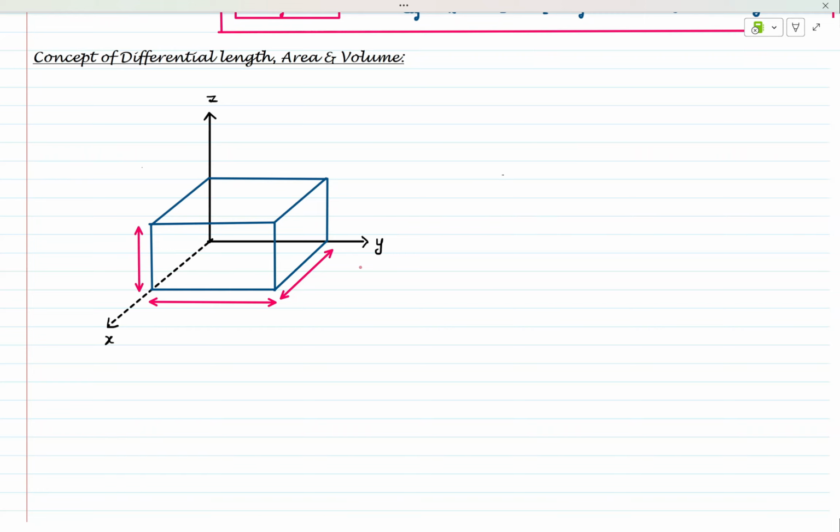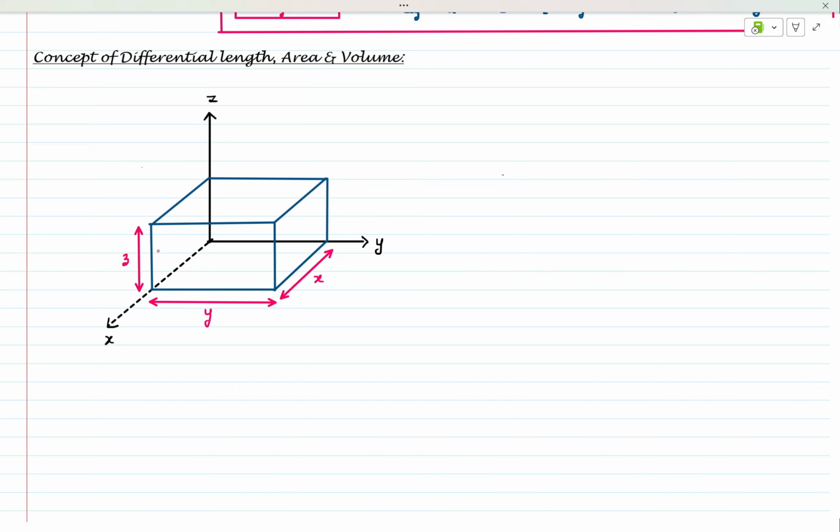The length is along the direction of y, so I am taking the length as y, the small y. As the width is along the direction of x, I am taking the width as x, and the height is in the direction of z, so I am taking the height as z.